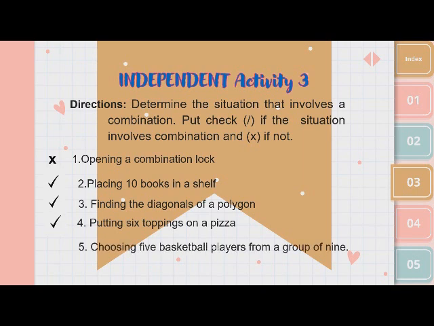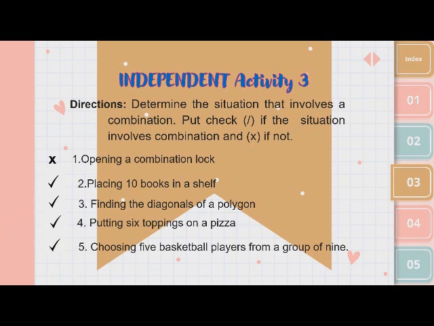Choosing 5 basketball players from a group of 9. If you will choose, that means you will select. And no matter how you select them, order is not important. Very good. And that means it is a combination. So we have a check mark.